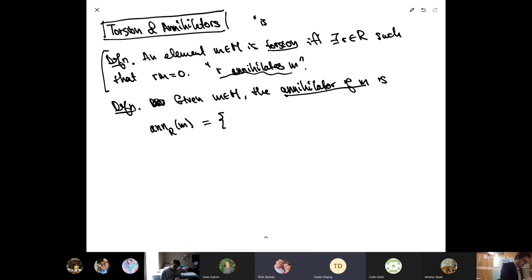You'll say it's torsion casually. Is a torsion element is the same thing.